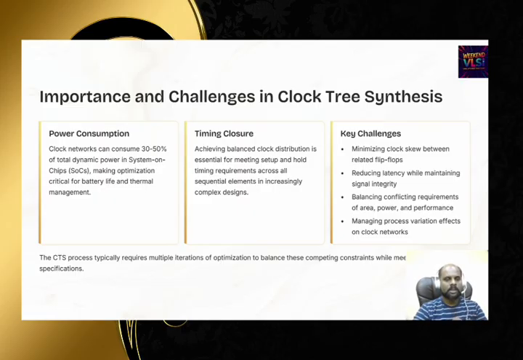So we need to see how the selection of buffers and what layer you route determines your power. It is generally recommended to have small buffers rather than bigger buffers, because small buffers give you lesser dynamic power.